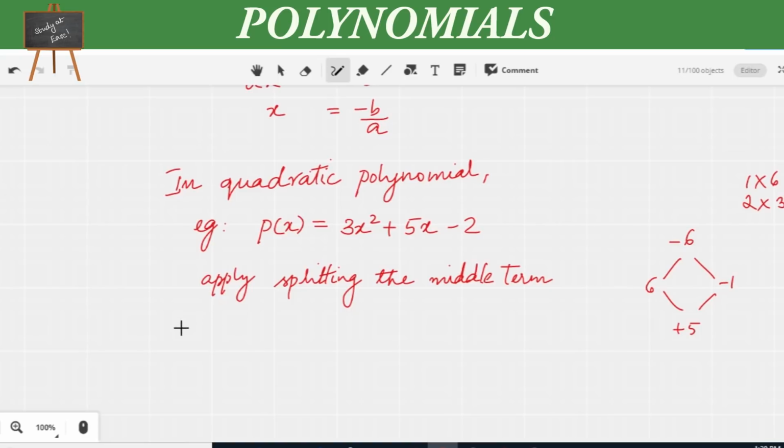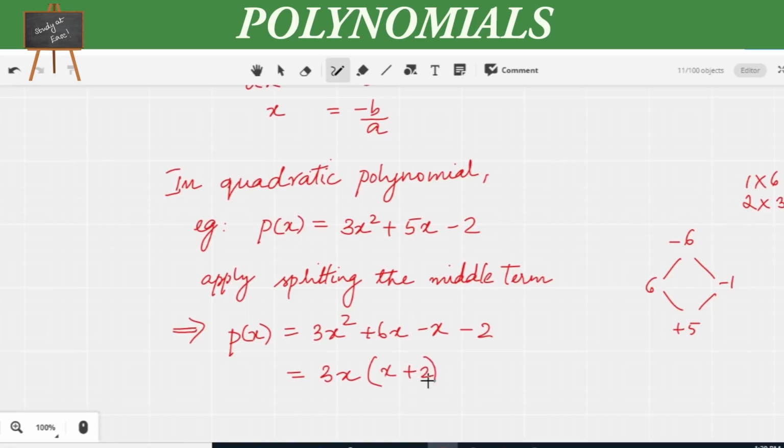Now I'll show you how to write them in the equation. That is, p of x is equal to 3x squared plus 6x minus x minus 2. So what did I do here? In the place of 5x, I have written it as 6x minus x. Okay, the next step is that I'm going to take out the common terms. So, from the first two terms, I take 3x outside.